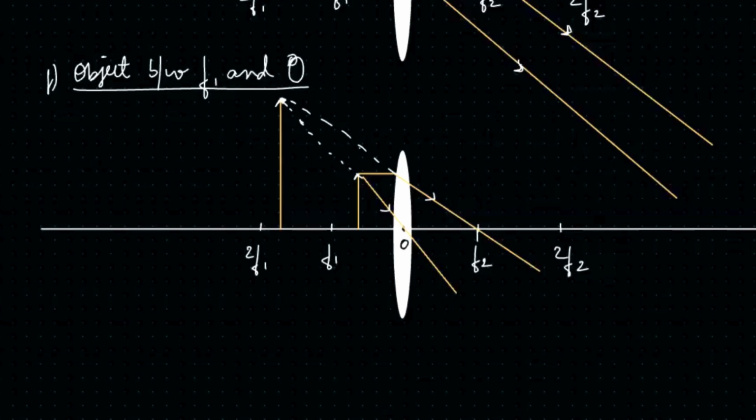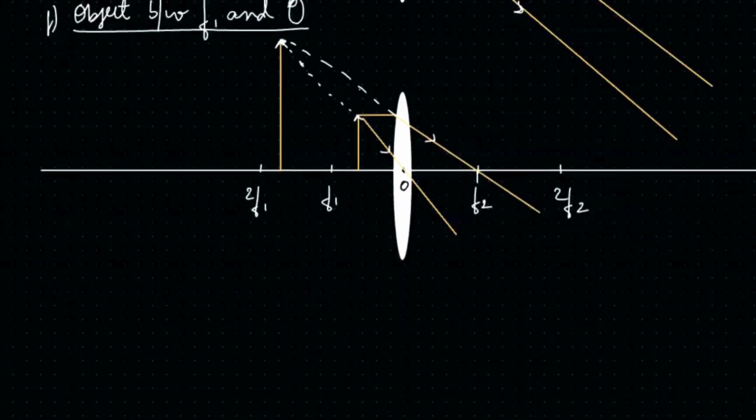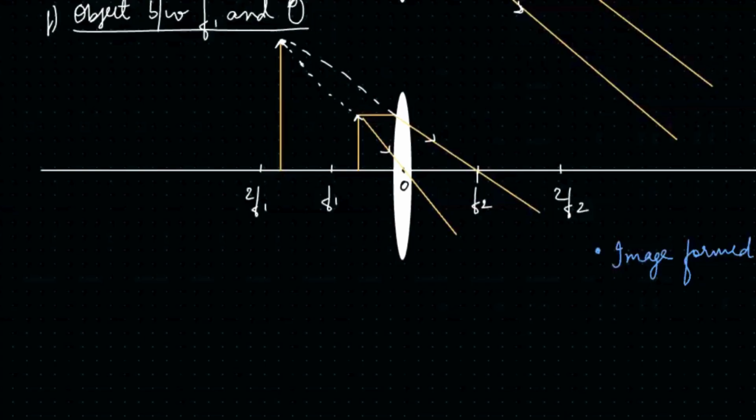So if we write down the properties over here, first is image formed on the same side of the lens as the object.